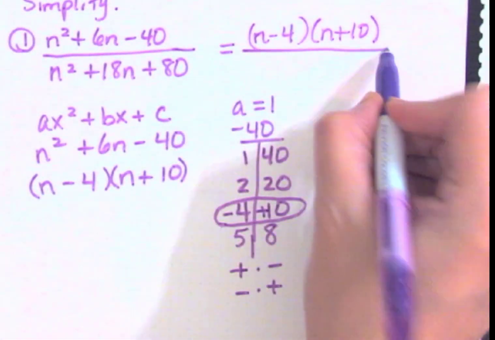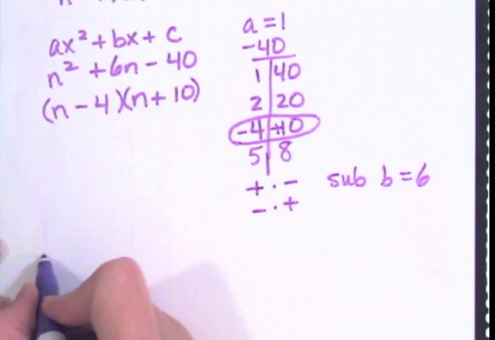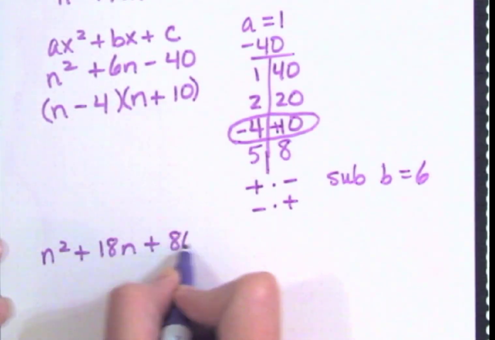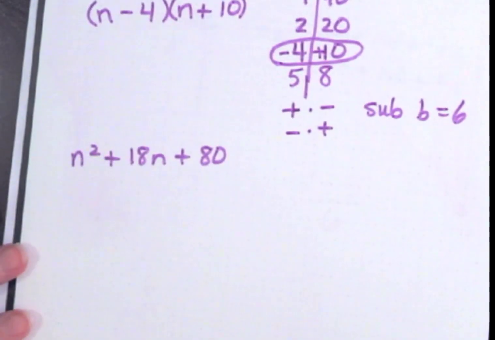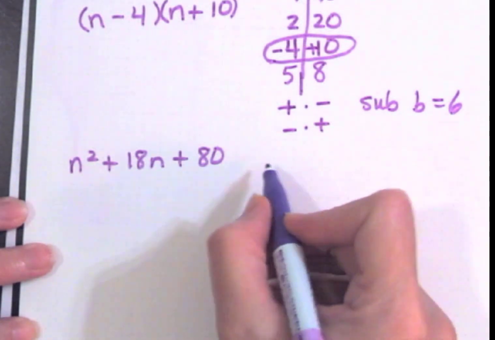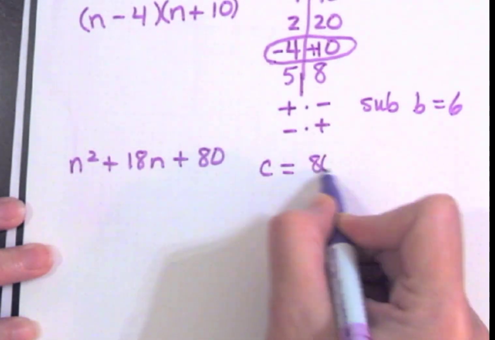Now for our denominator, we're going to need to factor n squared plus 18n plus 80. So again, my a is 1, so I just need factors of c. So c is 80.